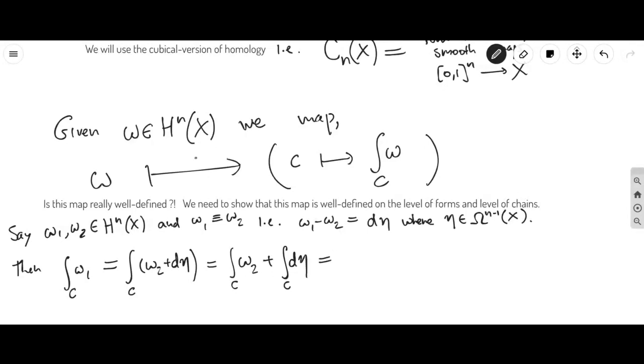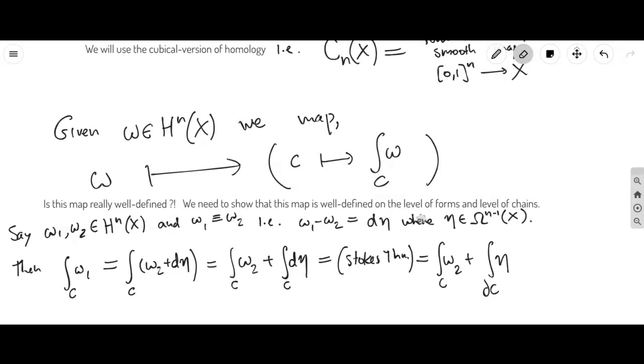But that is, and this is the part that is really cool, you use Stokes' theorem. This is equal to the integral over omega 2 plus the integral of eta over the boundary of c. Right? Stokes' theorem. You can bring down the derivative downstairs, but then you have to take the boundary.